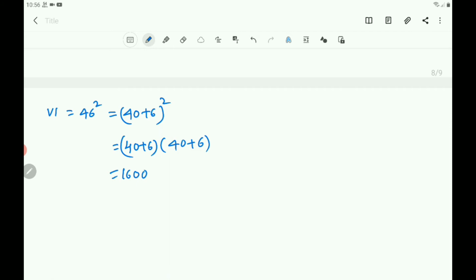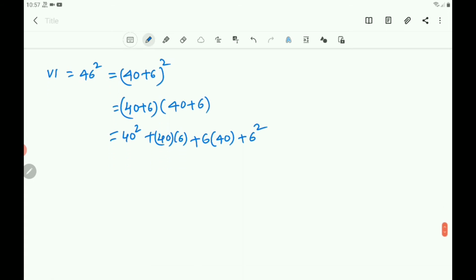That is 40 square plus 40 into 6 plus 6 into 40 plus 6 into 6, that is 6 square.